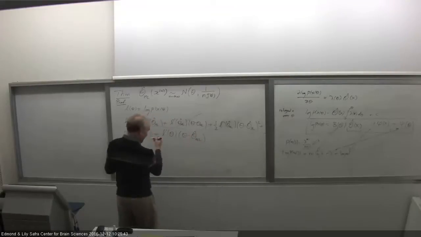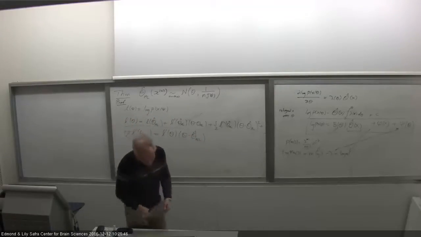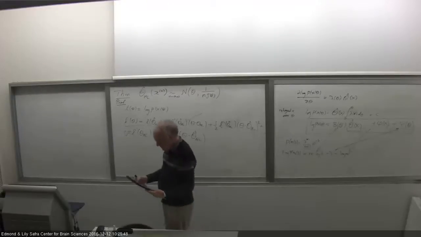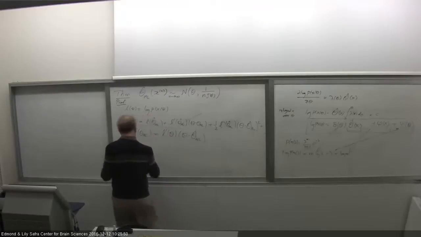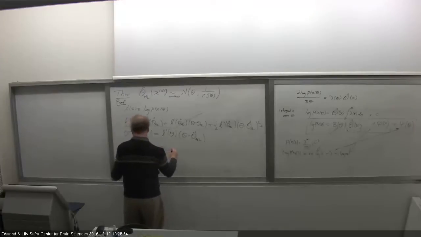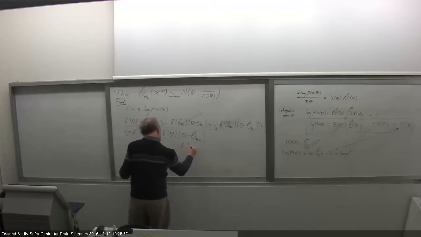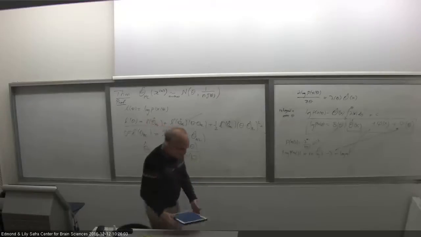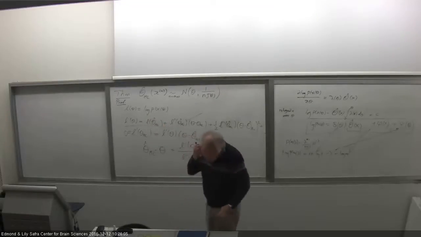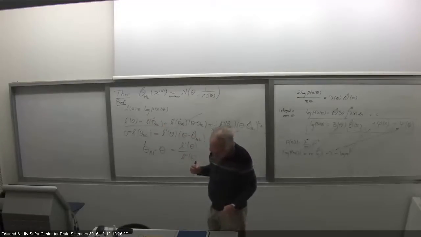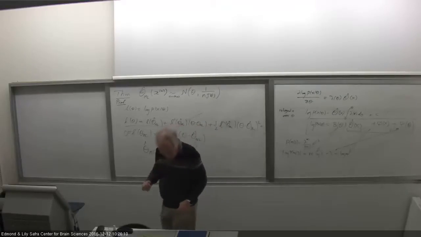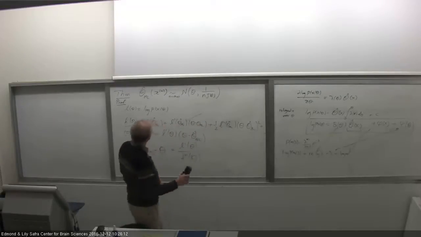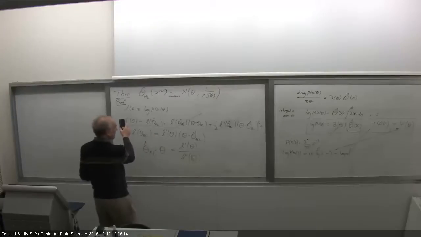And from this I get this equality, which I always quote: theta ml minus theta is l prime of theta divided by l double prime of theta. The reason I got confused here is that I had to expand theta ml around theta, and not theta around theta ml.